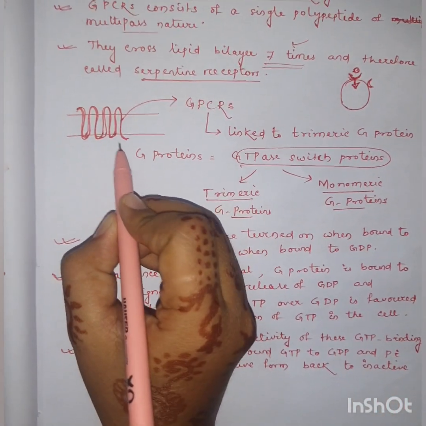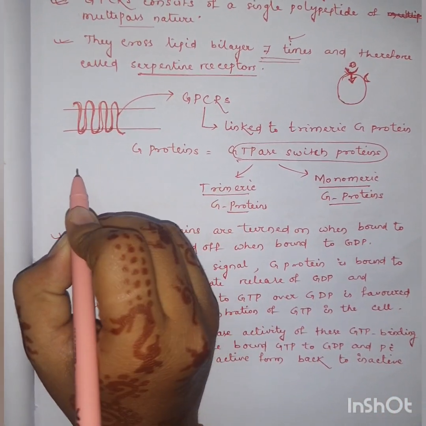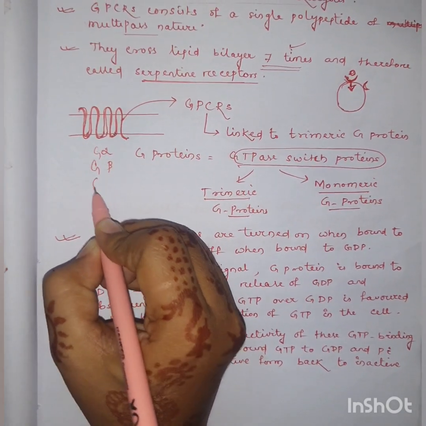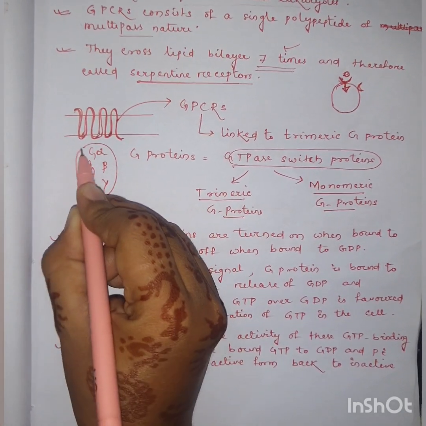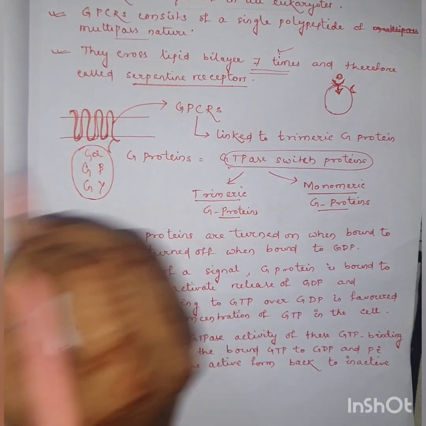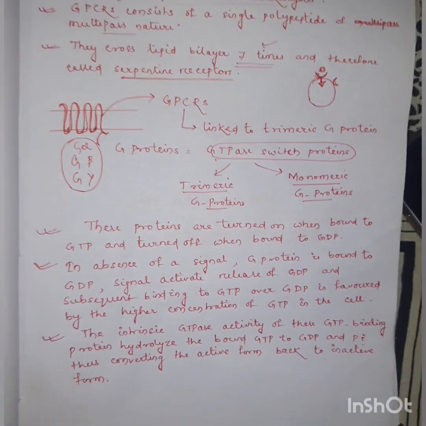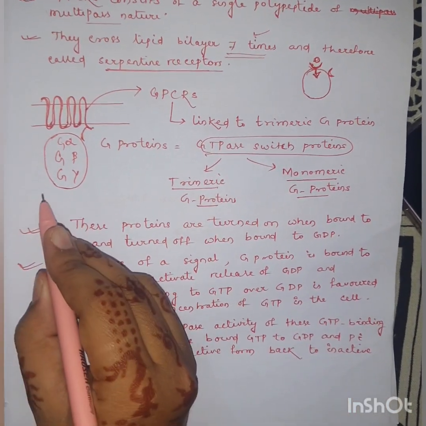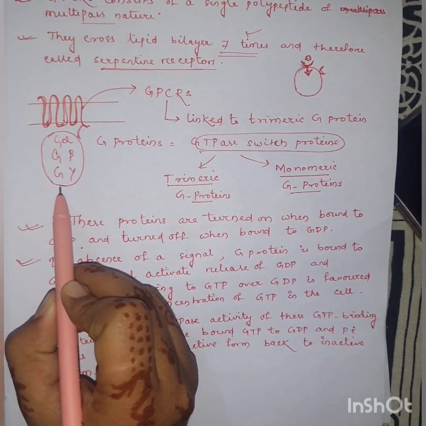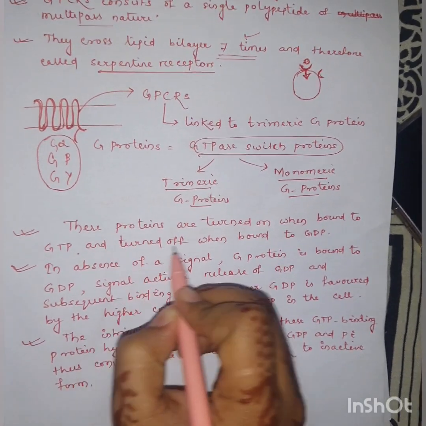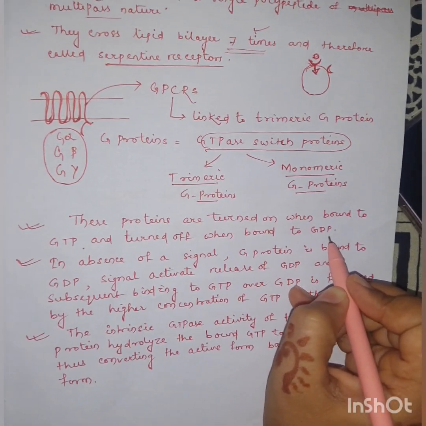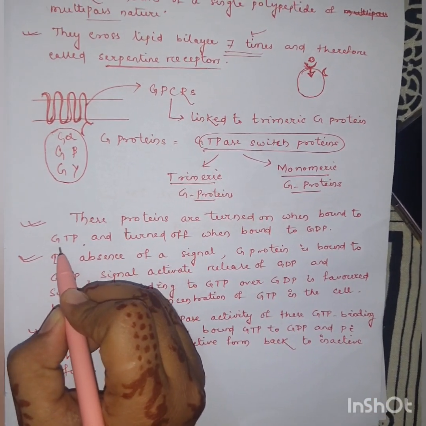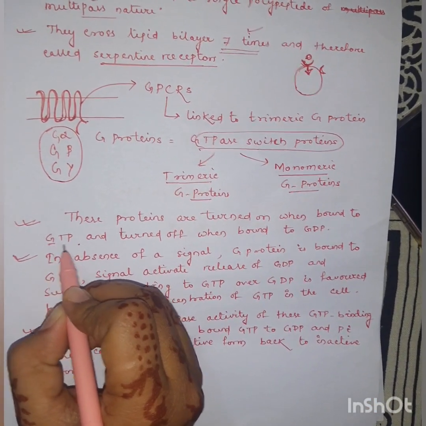There are three proteins called G alpha, G beta, G gamma present with this GPCR. When GTP is bound to these proteins, they turn on, and they turn off when bound to GDP, guanosine diphosphate, and turn on when they are bound with guanosine triphosphate.